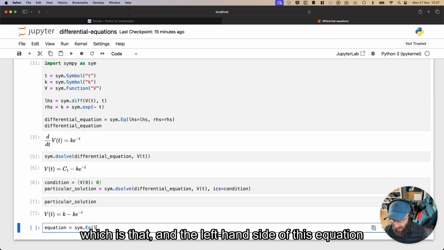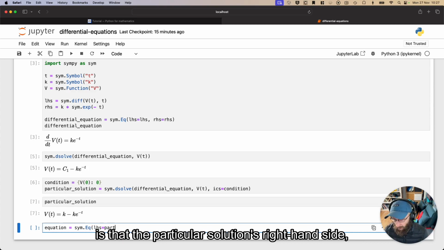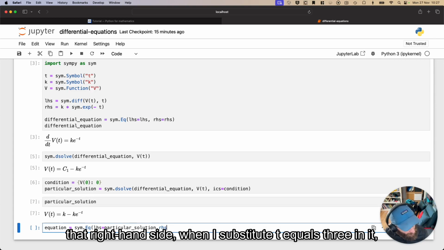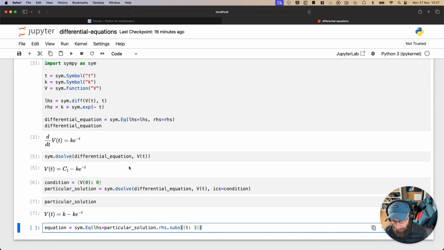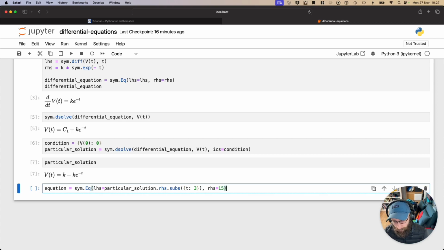The left-hand side of this equation is the particular solution's right-hand side, so k minus k times e to the minus t. When I substitute t equals 3 in it, what I want the right-hand side of my new equation to be is 15.